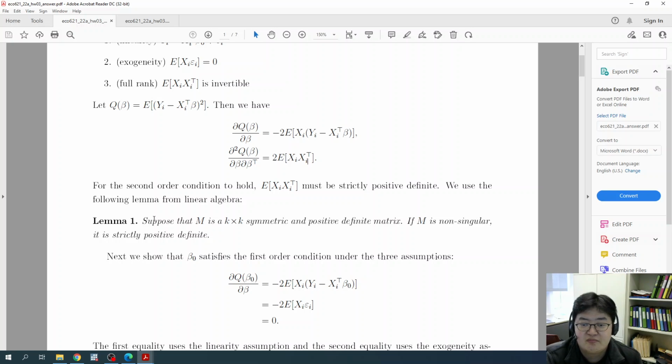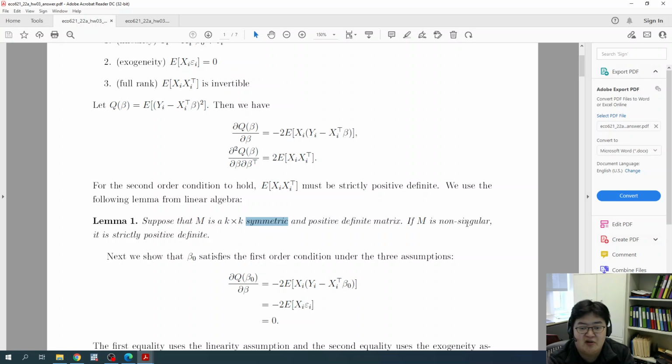Suppose that matrix M is a K by K symmetric and positive definite matrix. If it's non-singular, invertible, then it is strictly positive definite. If you learn linear algebra, there are a lot of different statements of invertibility, like strict positiveness. Many of them are linked to each other, but this is one of them. And you need symmetry to say this.